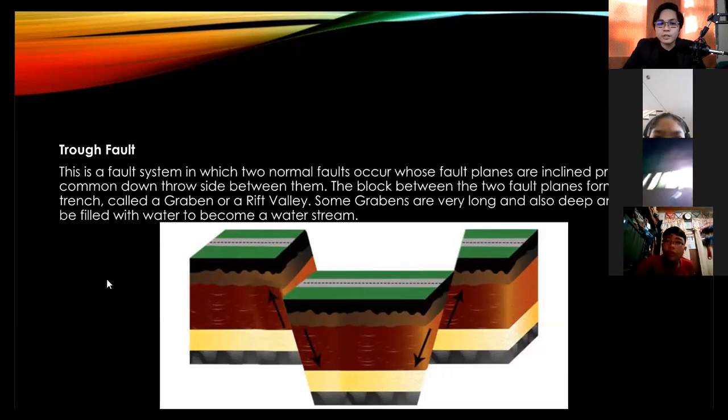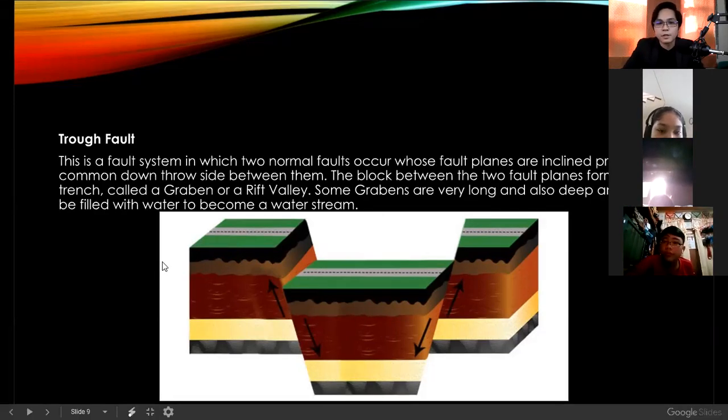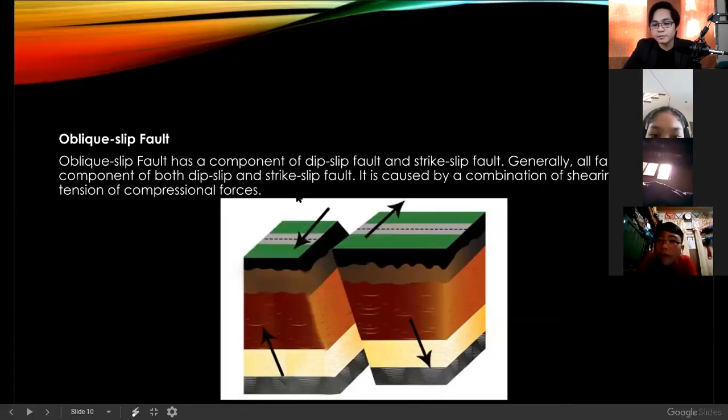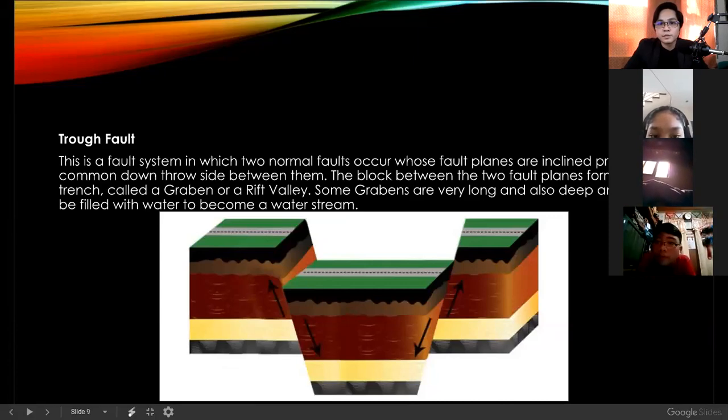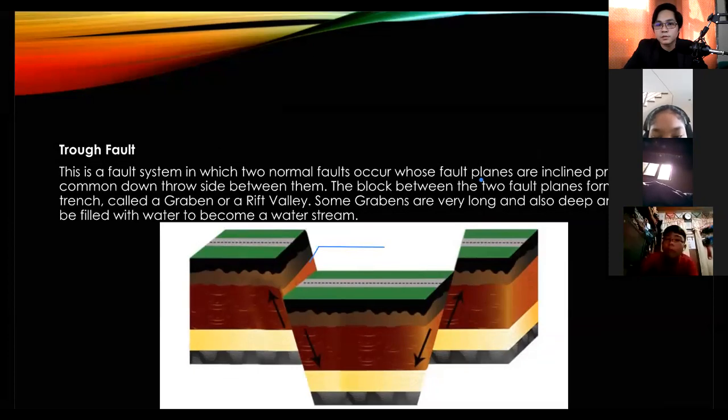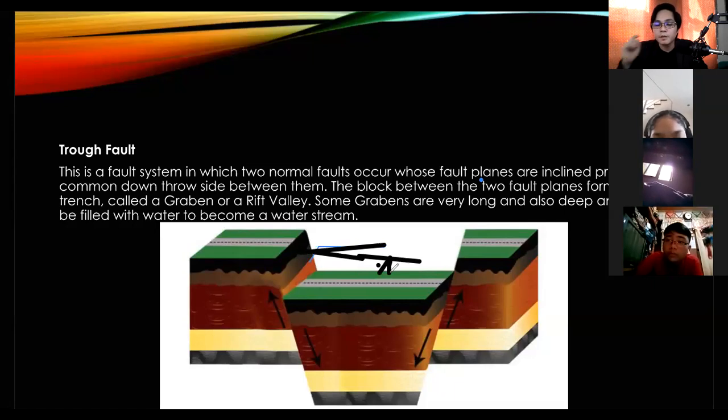Now, if this is our illustration, the graben there is in the lower part. This is the graben area, on the top.